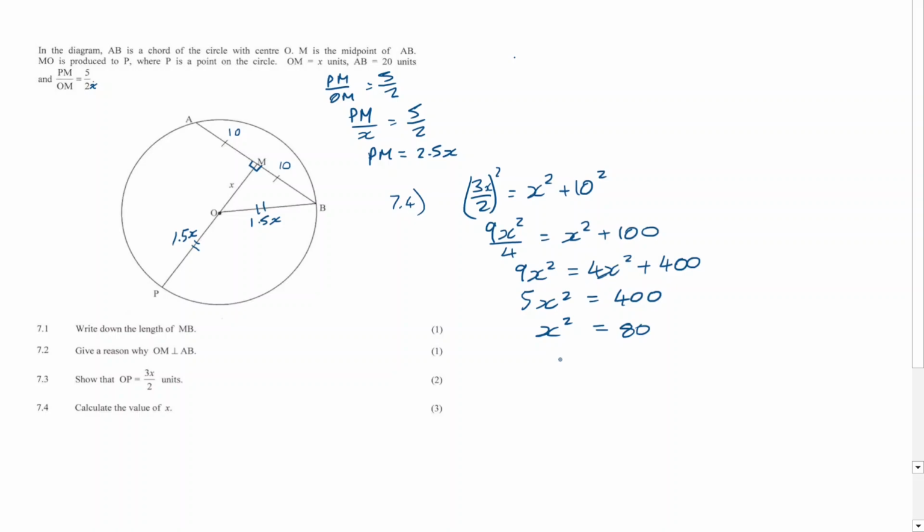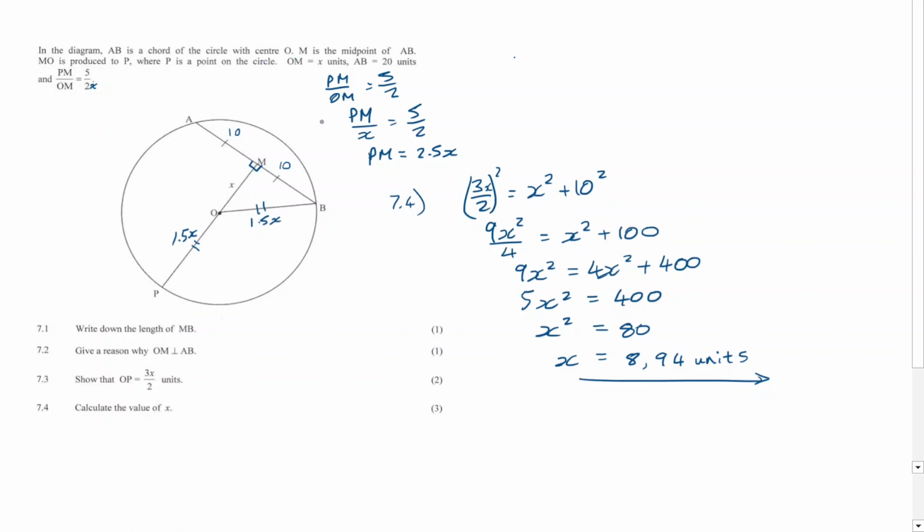And so the answer for x won't be plus minus, it will be a positive number because it's a distance, but it will just be the square root of 80, or if you want to give decimals, 8.94 units.